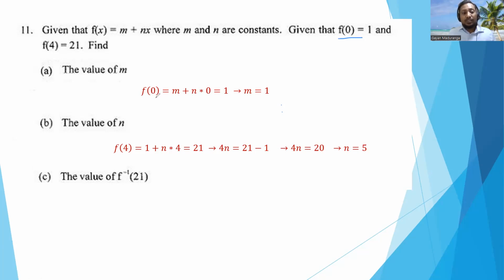You substitute 0 for x. When you put 0 for x, n times 0 is 0, so m is 1. Then to find the value of n, let's use f(4) is 21. We already have m is 1, so 1 plus 4n is 21. You simplify for n, and you will get the answer 5.